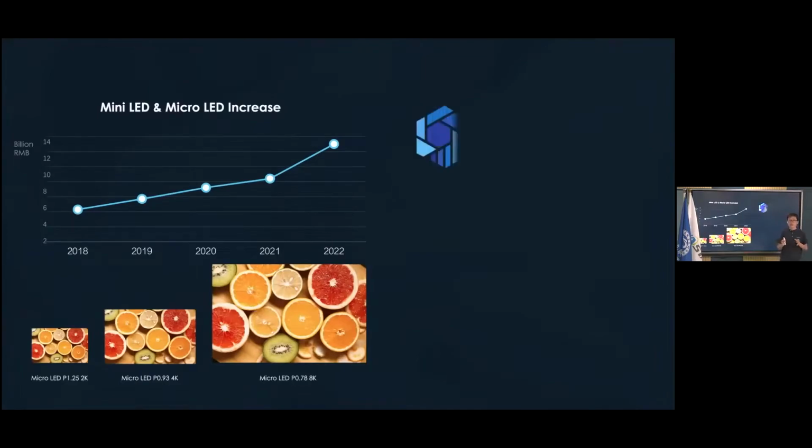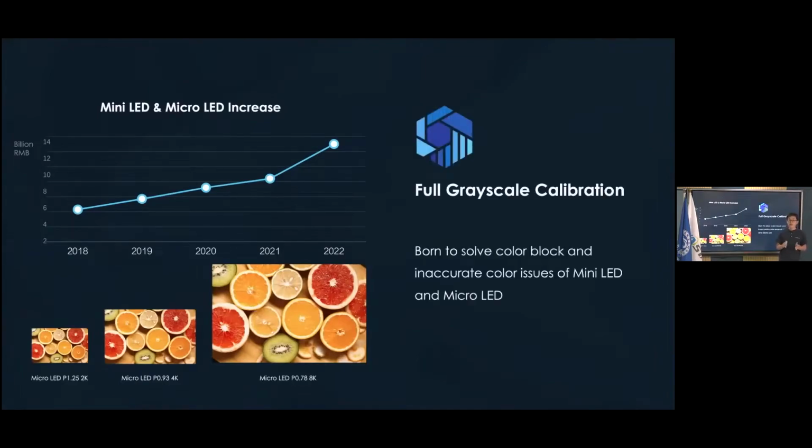So there will be new issues we have to face, which we didn't pay much attention to before: the inaccurate color blocks and the non-uniformity of the display in the low brightness of the mini LED. That is a problem for us.